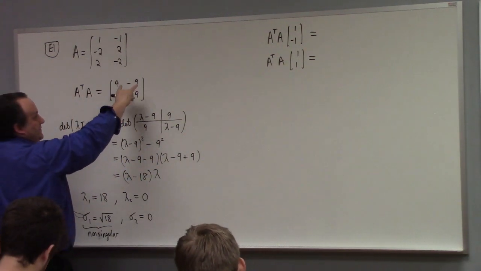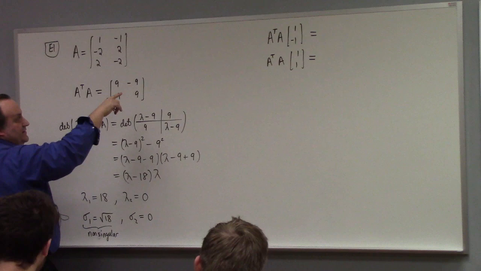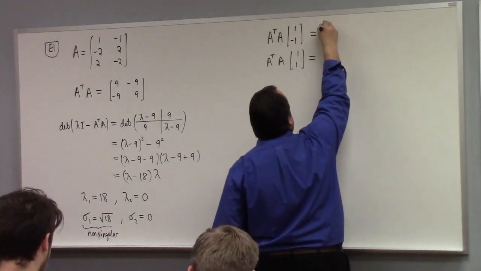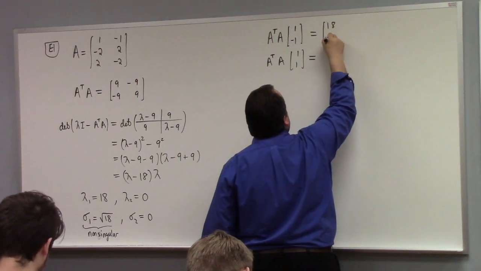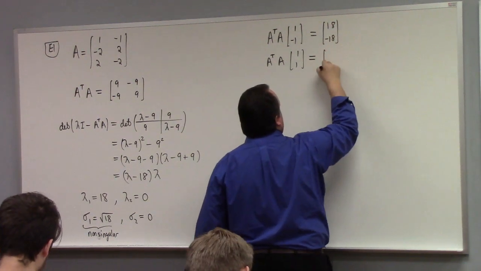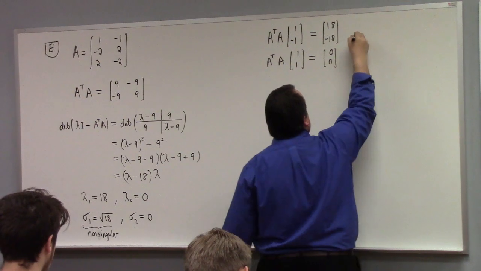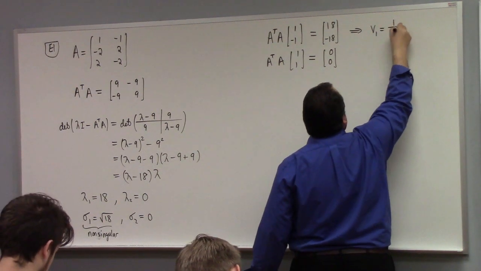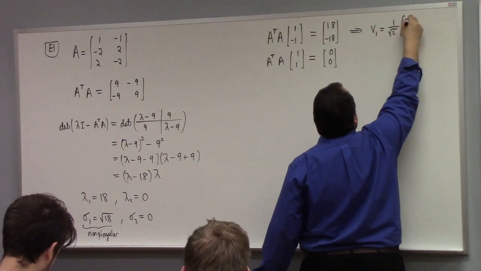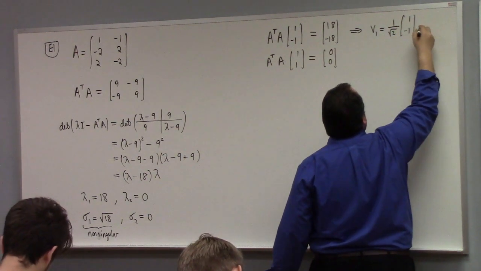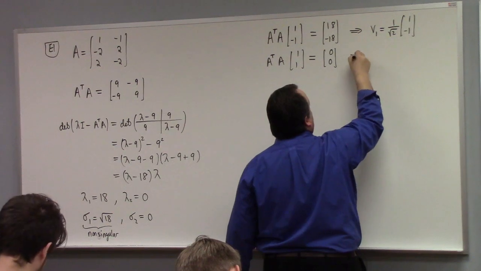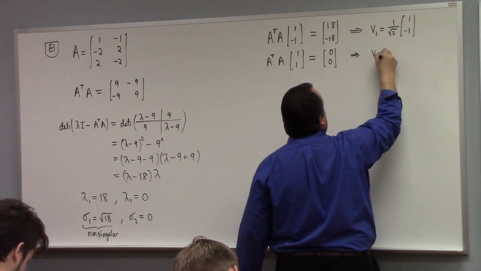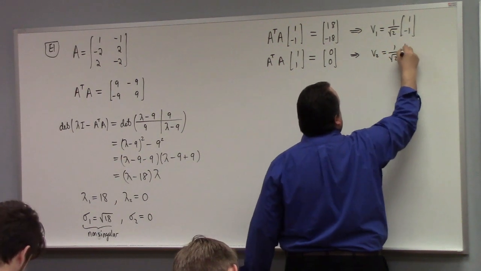If I do A transpose A, this matrix times 1, minus 1, I get 18, minus 18, right? And the other one, I just get 0, right? So this implies I should put V1 equal to 1 over the square root of 2, times 1, minus 1. That's an eigenvector with eigenvalue 18. And we can put V2 equal to 1 over the square root of 2, times 1, 1.